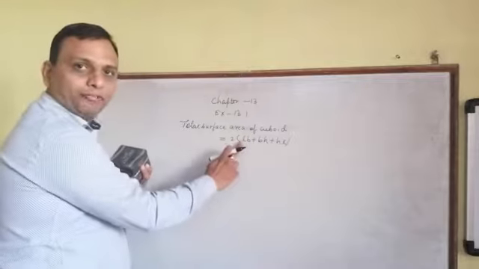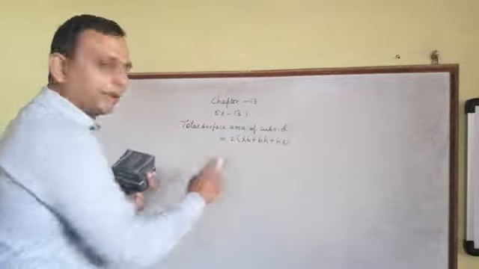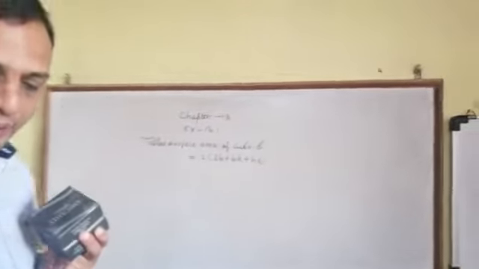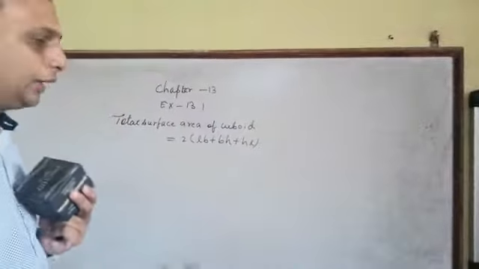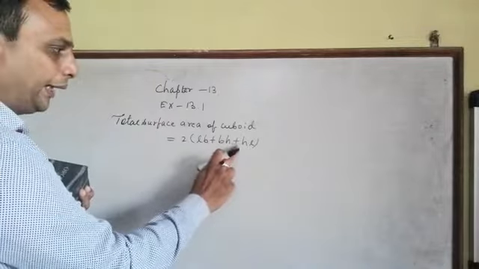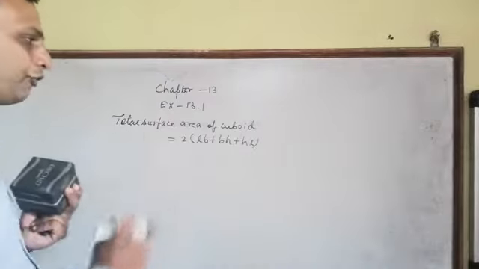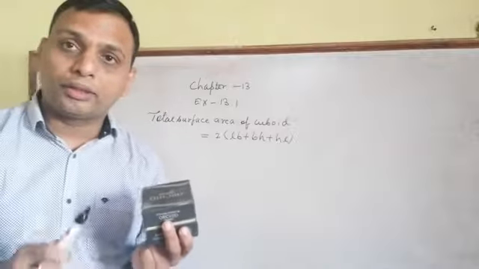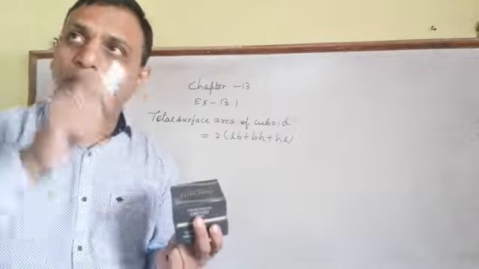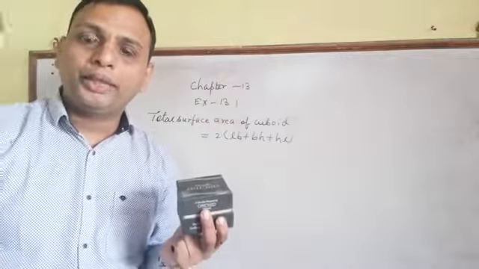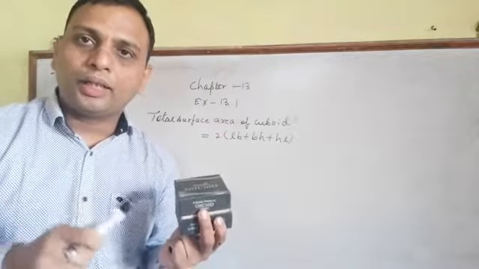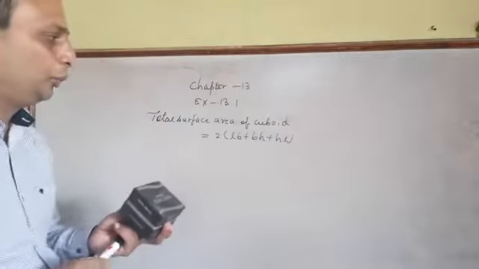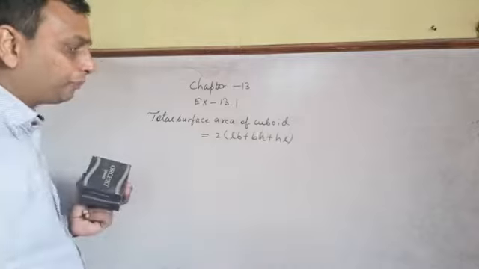Here L stands for the length, B stands for the breadth, and H stands for the height. You can see here this is the length, breadth, and height. This is the total surface area of the cuboid. It will be used when we have to find the area of this complete room, including four walls, length, height, everything. When we are calculating everything, then we will use this formula.